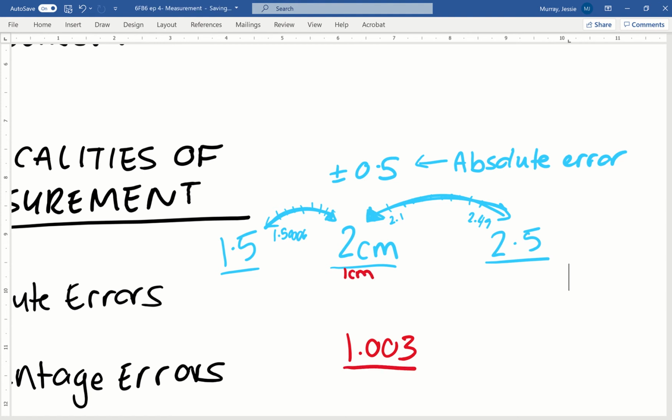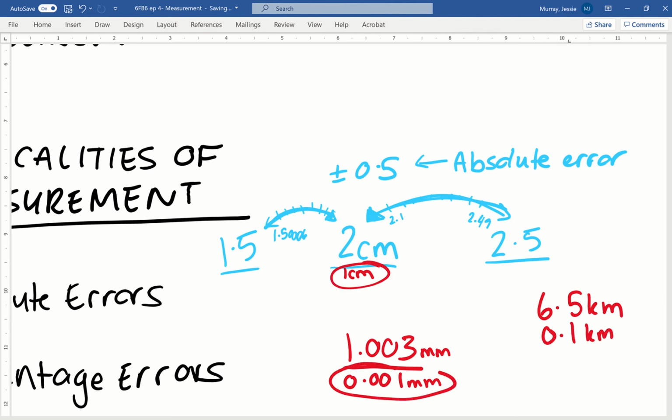The precision of 1.003, well, they're measuring every 0.001 of, let's say these are millimeters, of a millimeter. So if I give you 6.5 kilometers, they're measuring every 0.1 of a kilometer, okay? So that is your precision, is what are they measuring in terms of.